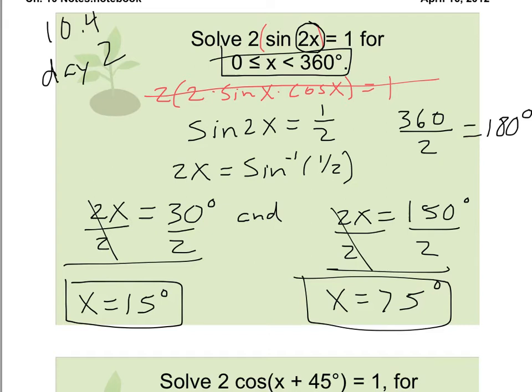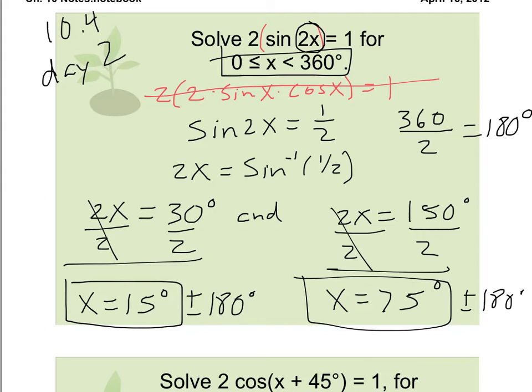For solving this equation, that also means that's how often solutions are going to start to repeat. So really, to each one of these, I should tag on, if I wanted to find other solutions, I could add or subtract 180 degrees.